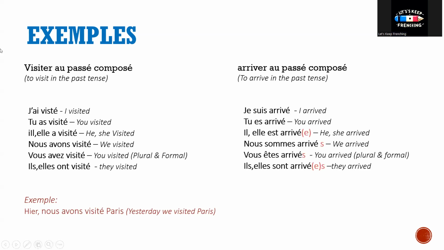So, je suis arrivé, tu es arrivé, il est arrivé, nous sommes arrivés, vous êtes arrivés, ils sont arrivés. So, pronunciation doesn't change, as you can see, but let's notice le participe passé, how it is agreeing with the subject.